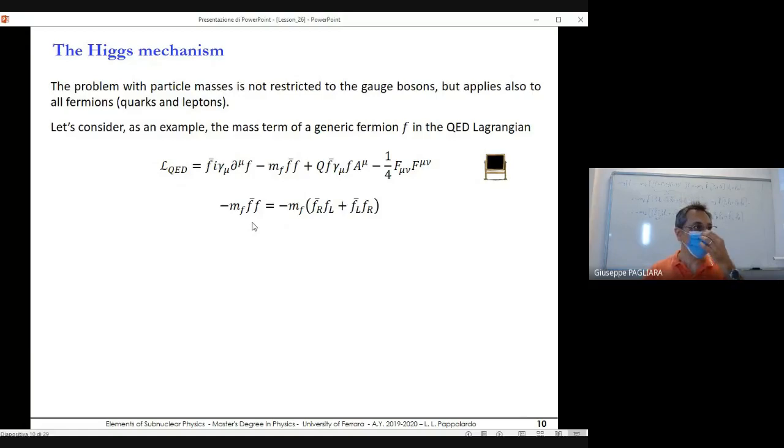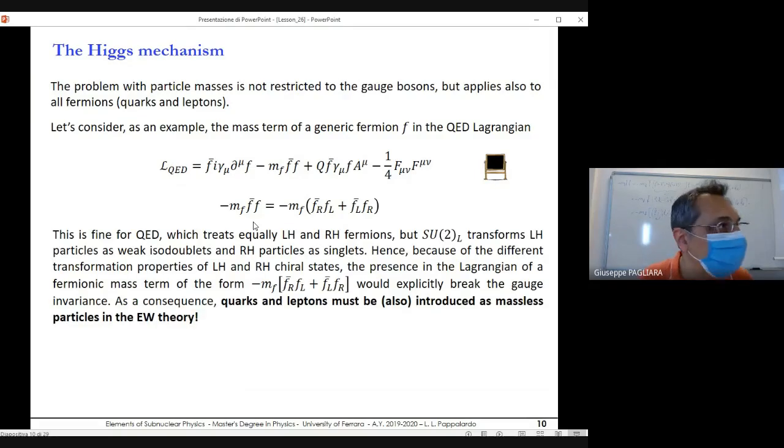So in other words, the mass term for any fermion in the QED Lagrangian can always be written in this form here. Now this is completely fine for QED because QED is completely democratic with respect to left and right fermions. This we know. Of course, this is not the case for SU(2)_L, for the charged current, because we know that charged currents only interact with left-handed fermions and right-handed antifermions, but not vice versa.